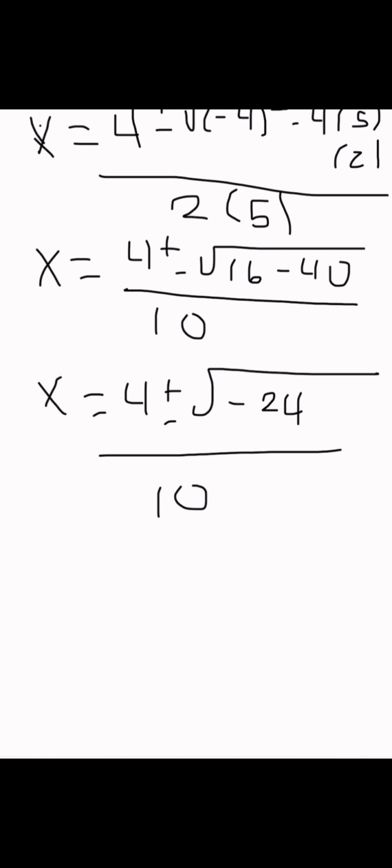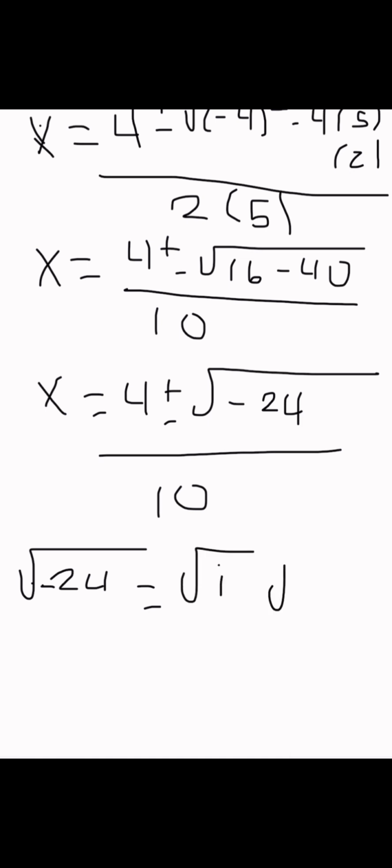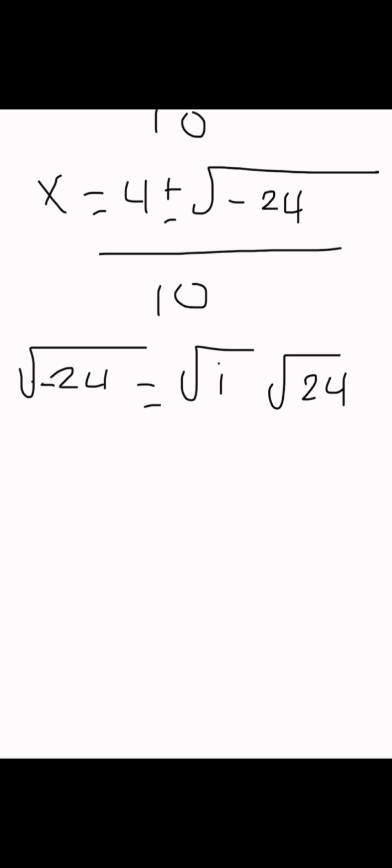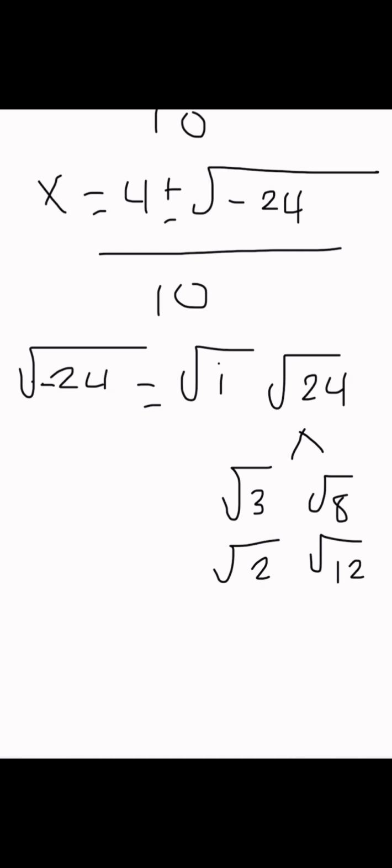Now, we have to break down our negative 24 so we can get our b. So, this means that negative 24 will be i, the imaginary root, and then 24. So then, two numbers that break these down will be 3 and 8, 2 and 12, 4 and 6.